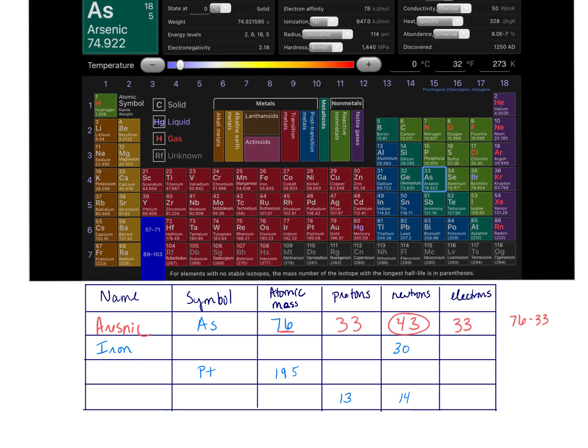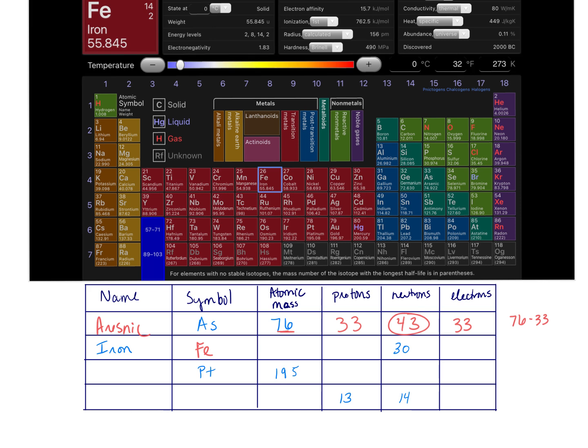Next we have iron. And iron can be tricky to find. Iron is right here. So that's part of the reason why I use this as an example, just to show you that it doesn't always make sense as to what the symbol is. It does if you look through different languages and that type of thing, but that's where Fe is iron. So the symbol here would be Fe. And we know that the atomic number is 26.